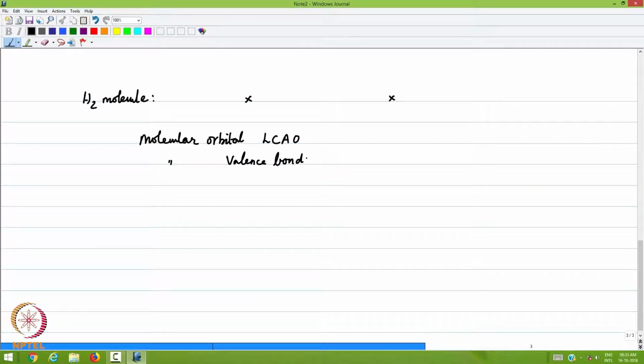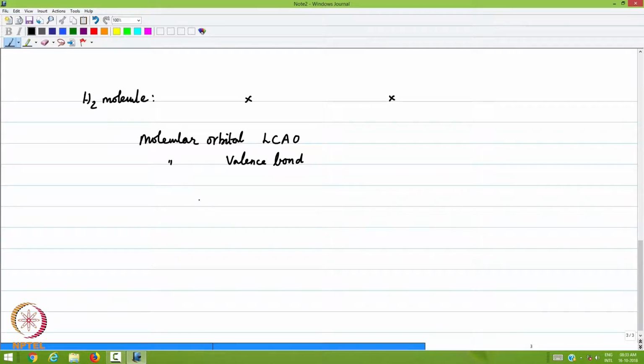Both methods, when they are carried out to a very high degree of accuracy, give reasonable correlation with the experimentally observed bond energy and the potential energy graph for the hydrogen molecule.